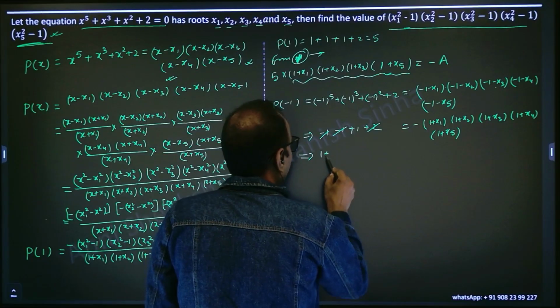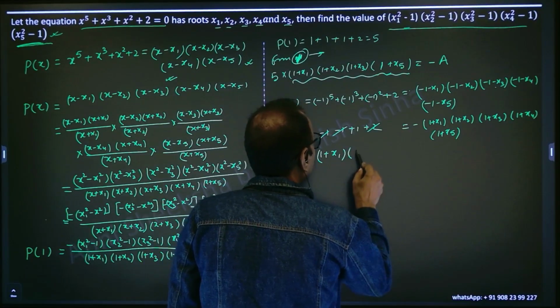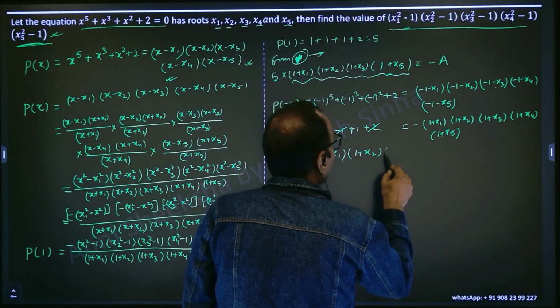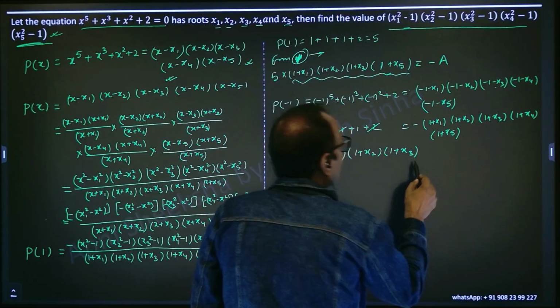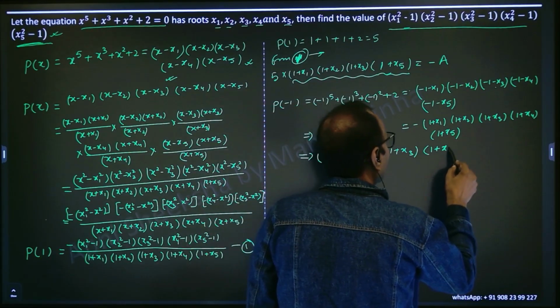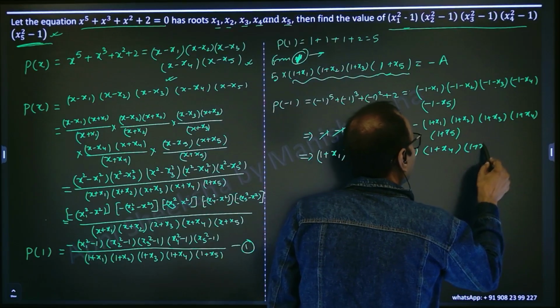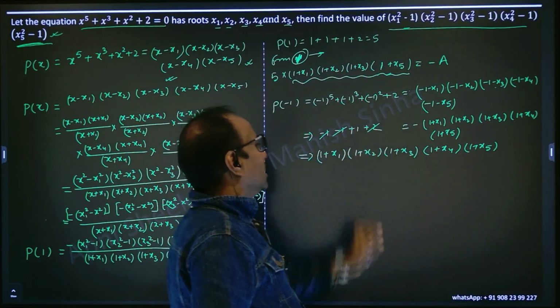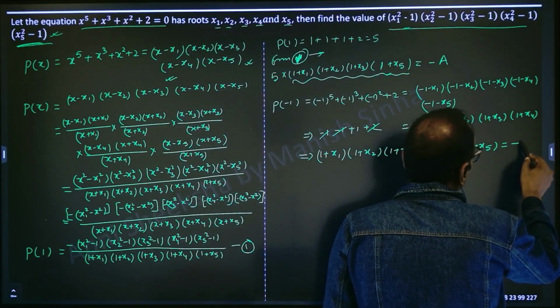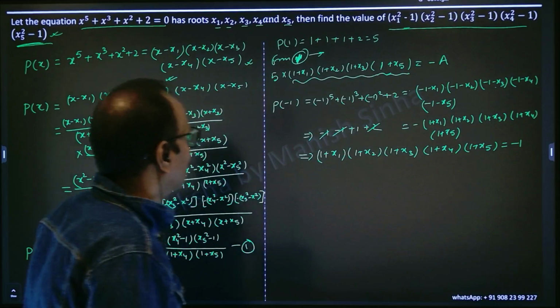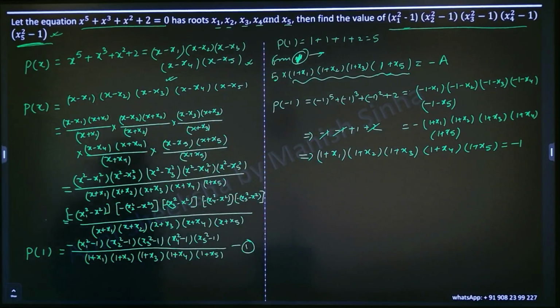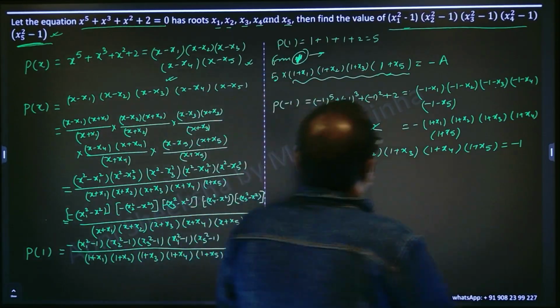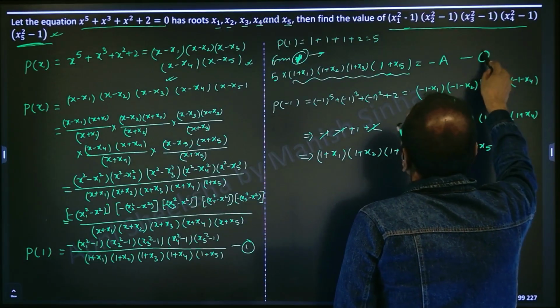So our value for 1 plus x1, 1 plus x2, 1 plus x3, 1 plus x4, 1 plus x5 became, the minus sign will come to this side, and we can write it like this: it will be minus 1. And this was the equation which we obtained last.